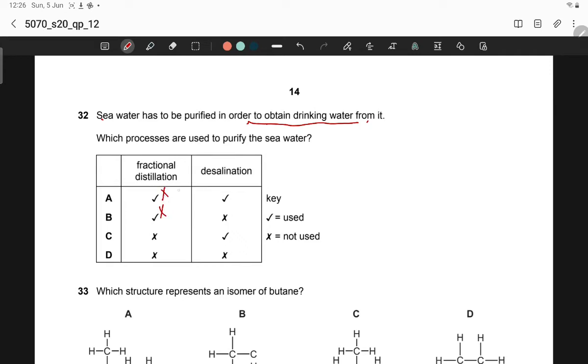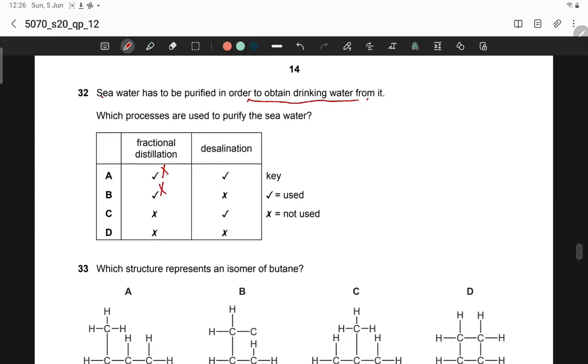This is not correct. Fractional distillation, this is desalination. Desalination is used, but fractional distillation is not used. So this is correct. C must be correct option.